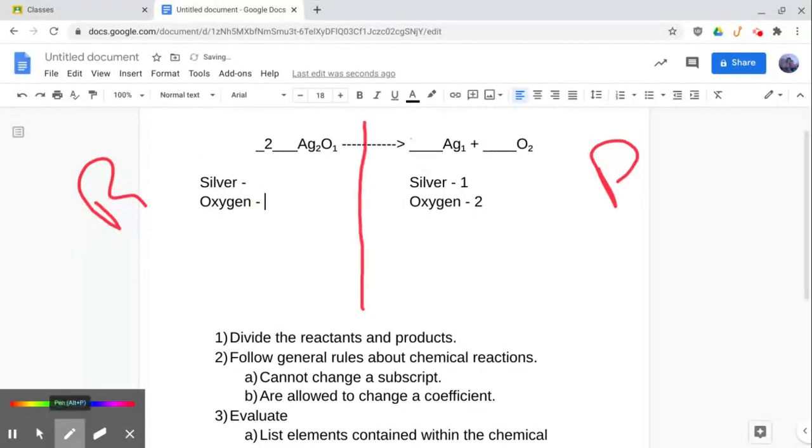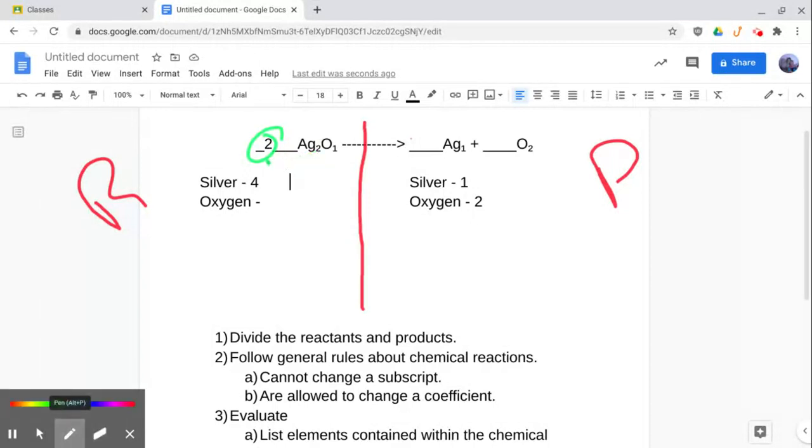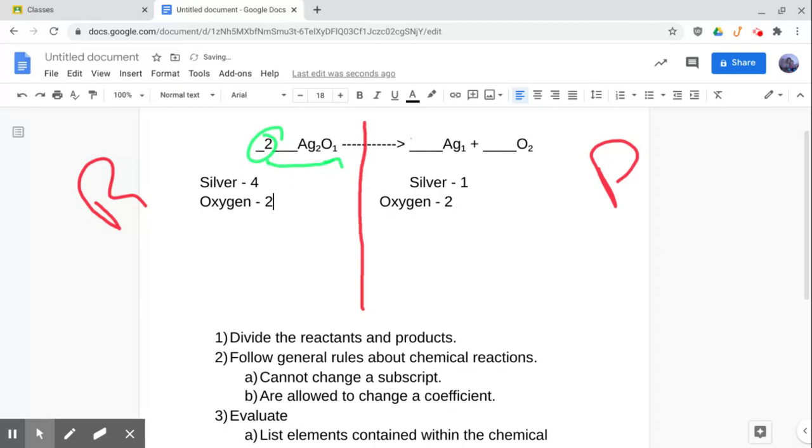The coefficient of 2 multiplied by the subscript of 2 for silver is going to give us 4. That same coefficient multiplied by this subscript on the oxygen of 1 is going to be 2.